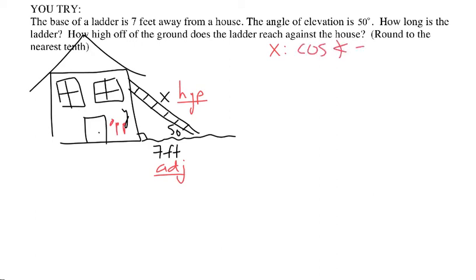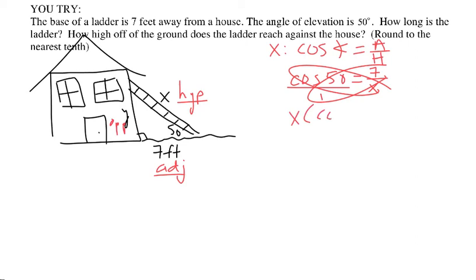So adjacent over hypotenuse. So you should have done cosine of 50 equals your 7 over your x. When you cross multiply then, you get your x times the cosine of 50 equals your 7. So when you divide, you have to take 7 divided by your cosine of 50.